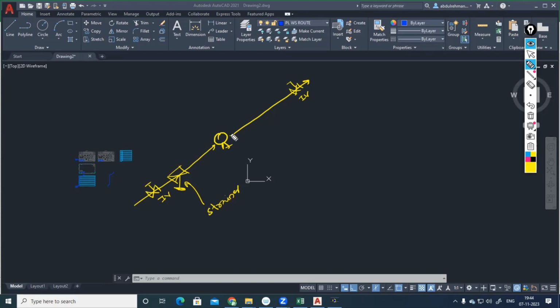Always in the pump delivery line, we will be having an NRV, non-return valve. NRV, check valve, foot check valve, unidirectional valve, same name. That will allow delivering the water in only one direction. Water will not be coming back. Why?